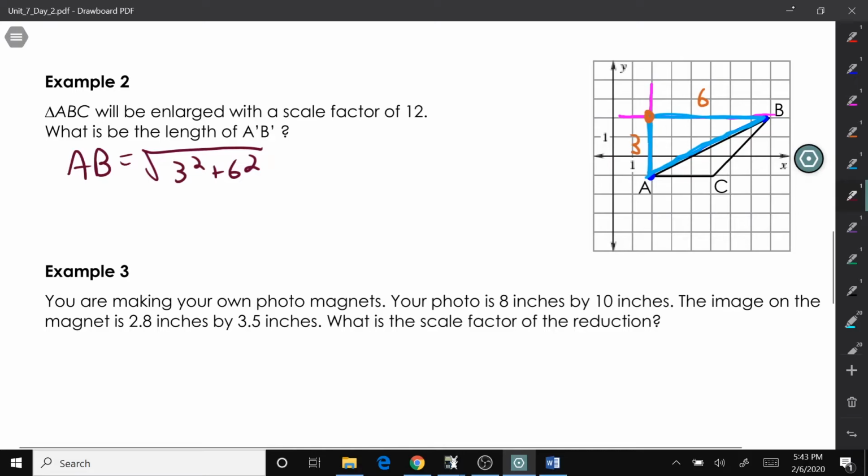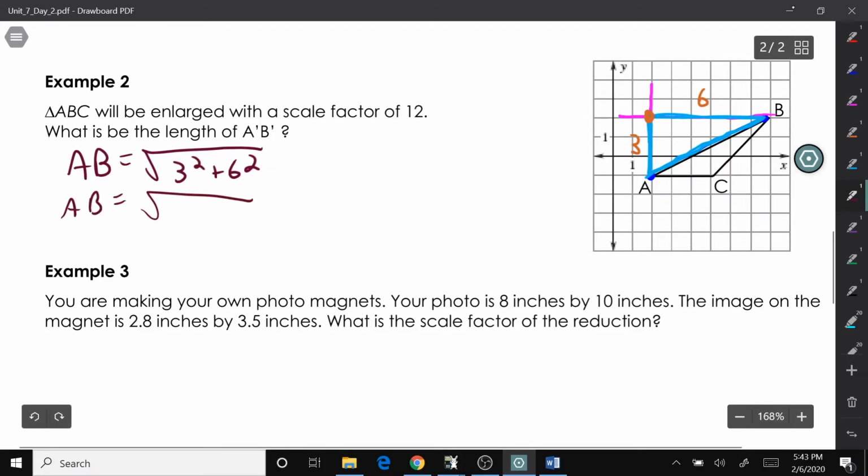So what I get with that is the square root of 9 plus 36, which is 45, and then the square root of 45. And we type that in the calculator, is 6.7.